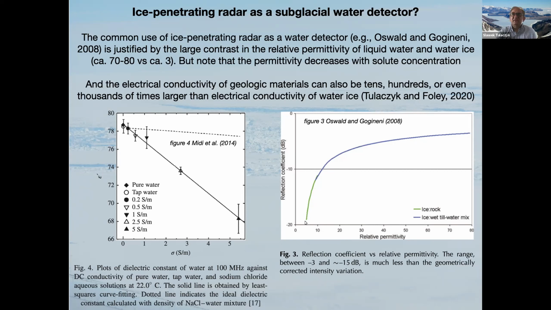It's nice and simple, because then your reflection coefficient follows that equation I just showed, in a one-to-one relationship. You can measure the reflection coefficient and then read off what the corresponding relative permittivity of the sub-ice material should be. And that is the theory behind the U.S.A. et al. interpretation of radar reflection on Mars.